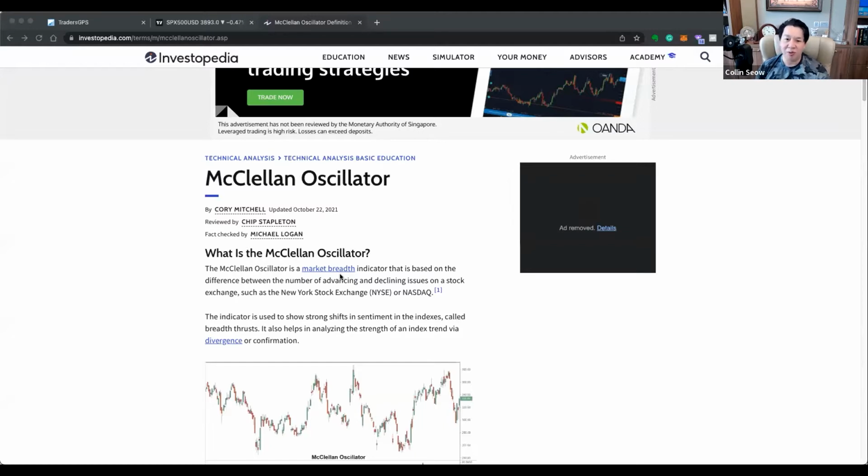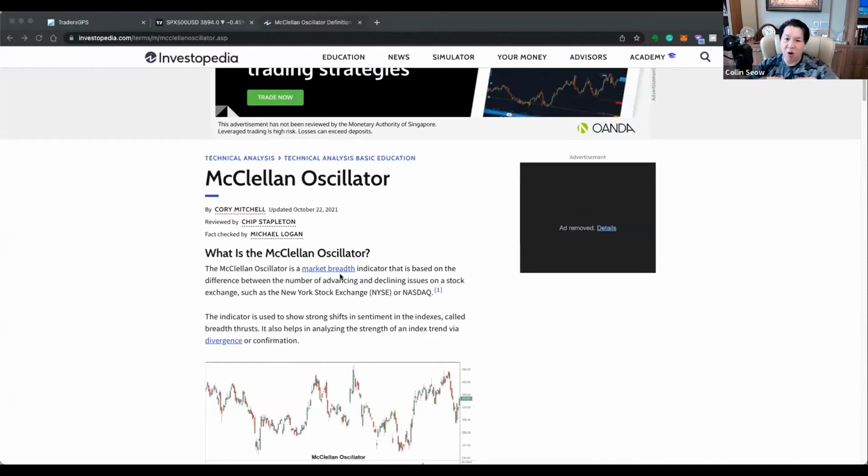Let's say, for example, we look at Tesla. We're looking at the price, and we are doing calculation on that price, whether it's moving average, CCI, RSI. We are using the price. But in this McClellan oscillator, what we are looking at is not the price of the particular stock, but the whole stock market, whether it is the New York Stock Exchange or the Nasdaq.